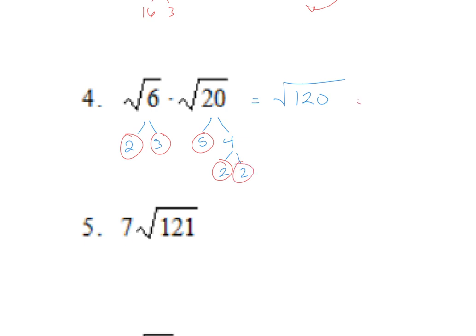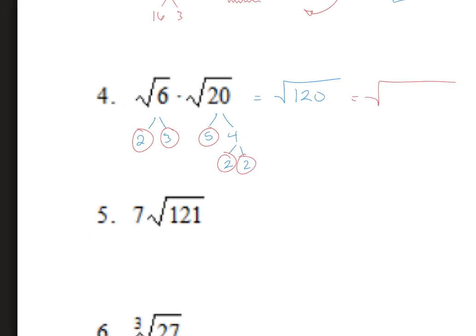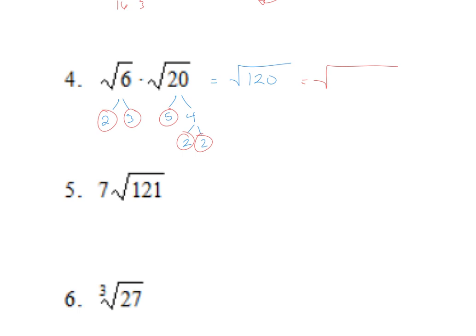So the square root of 120 is really all of these numbers, right, 2 times 2 times 2 times 3 times 5. All right, so there's a perfect square. It goes out to square root of, and here's where this one's kind of funky, and some of these will kind of annoy you.